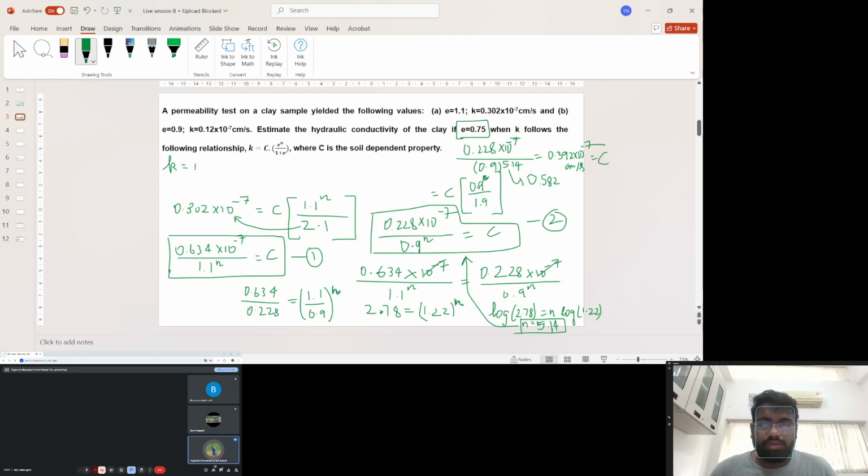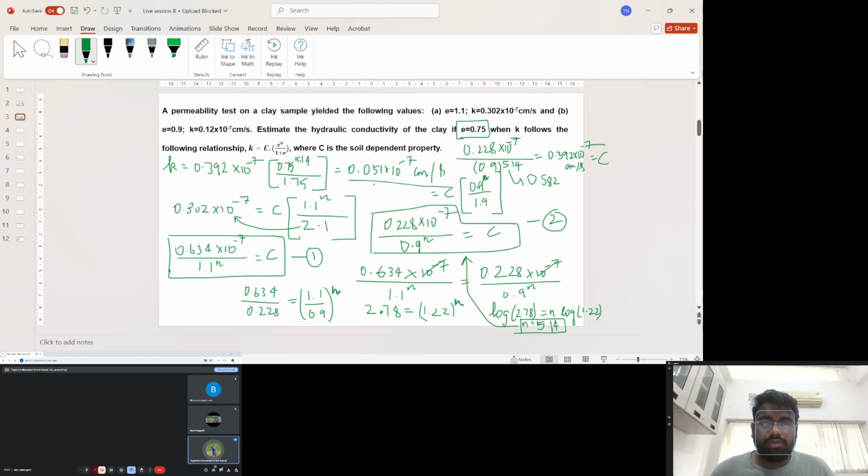Now k is equal to 0.392 into 10 power minus 7 into 0.75 power 5.14 divided by 1.75, to give us a value of 0.051 into 10 power minus 7 centimeter per second.